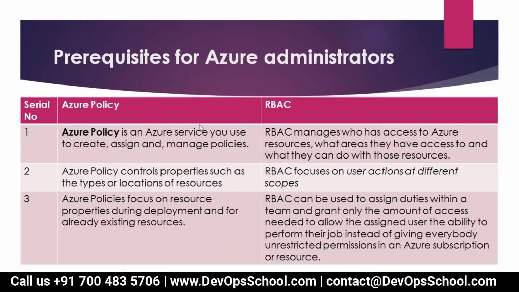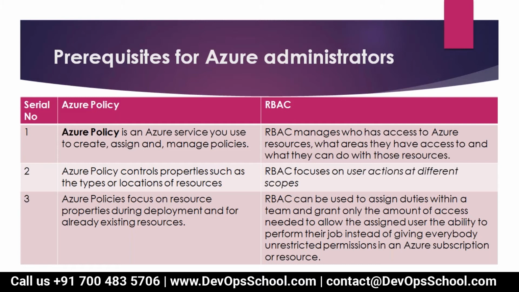Now we are going to discuss the difference between Azure Policy and RBAC. Azure Policy is an Azure service you use to create, assign and manage policies. But RBAC is what? RBAC manages who has access to Azure resources, what areas they have access to, and what they can do with those resources.